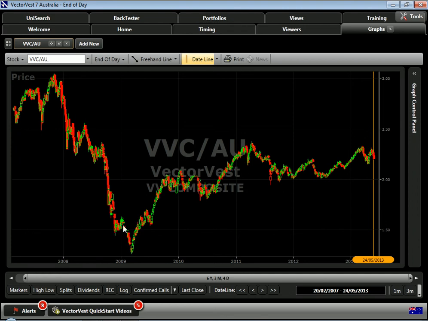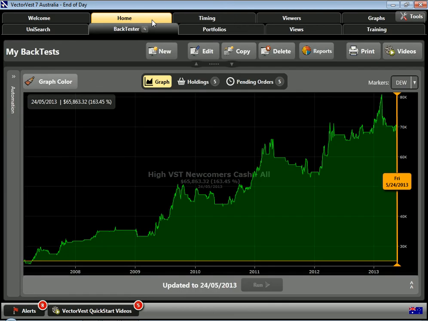Came all the way down through the global financial crisis, bottomed out in March of 2009, and has climbed to where we are today, which is still lower than the original start date of 2007. In looking at this graph and comparing it to the graph of our backtest, it becomes very easy to decide which one you would most like your portfolio to resemble.